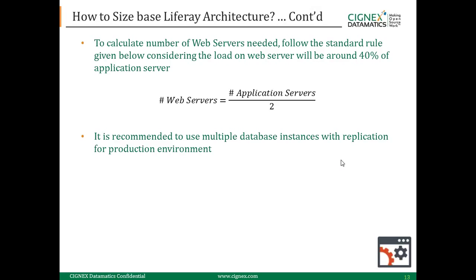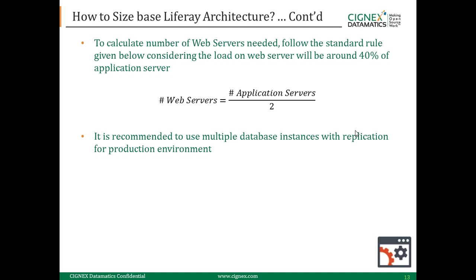They are just like gatekeepers which forward the request to the application servers, get the response from them, and serve it back to the users. So the load on the web server will be around 40% of your application server. The number of web servers required is application servers divided by 2. So in this case, if you have 2 application servers, you require 1 web server.